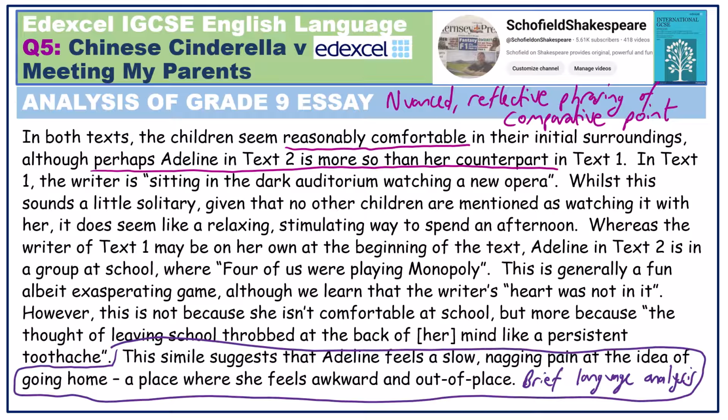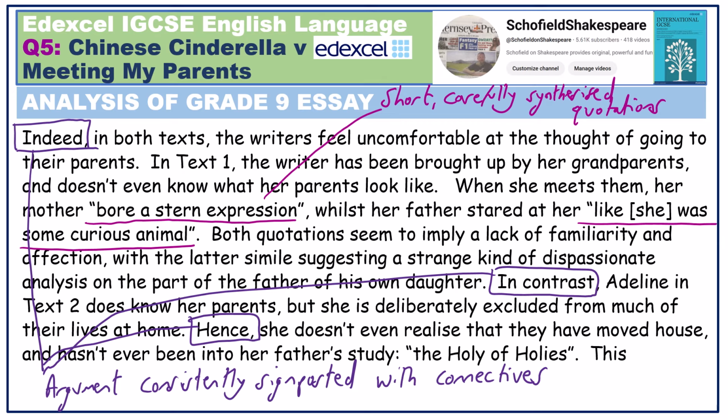So aim for nuanced arguments. Just because Adelaide's heart isn't in the game of Monopoly doesn't mean she's unhappy at school. No, she's worried about the thought of leaving school and what her life will be like then. At times, synthesize quotations. Bring them in from different parts of the text to give sharp insight into the text as a whole and to back up the points you're making.